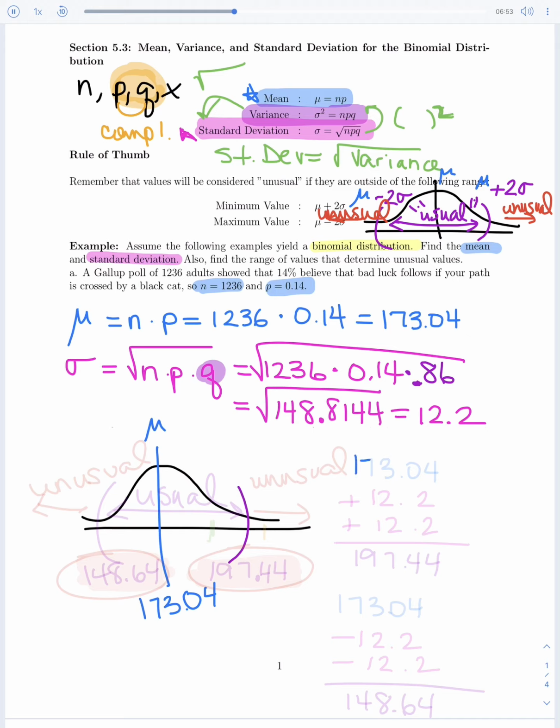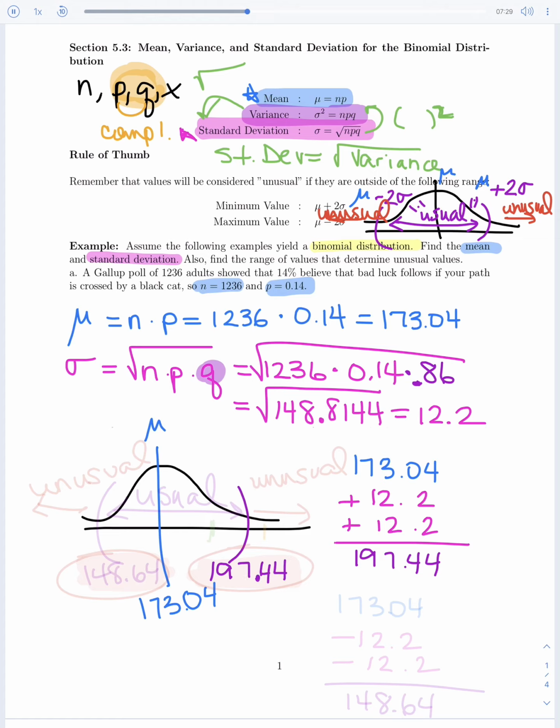So we will take this 173.04 and add our standard deviation, which was 12.2. We're going to add that twice to get the upper end. Well, let's see what that gets us. If we take the 173.04 and add the 12.2 twice, notice we get 197.44. And that's our high end for what we're going to consider usual.